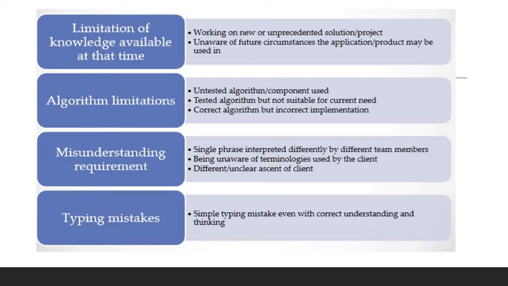Then there is algorithm selection: an untested algorithm that has not been used before, or a tested algorithm that is not suitable for the current need, or a correct algorithm but an incorrect implementation of that algorithm. Again, sometimes there is an untested algorithm, sometimes a tested algorithm that is not required in the current scenario, and a correct algorithm but not the correct implementation.